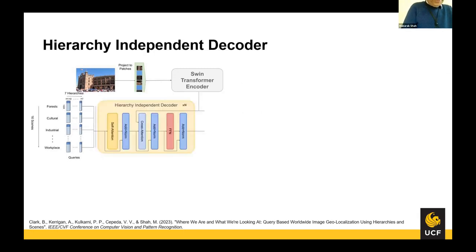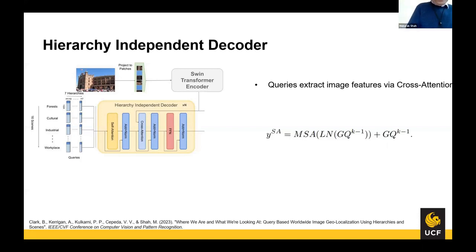Then we have this hierarchy independent decoder, where the encoding of the image comes in, and then we have queries, and we have the standard self-attention and layer normalization. They are basically extracting the relevant features from the encoded image that are relevant to the queries.